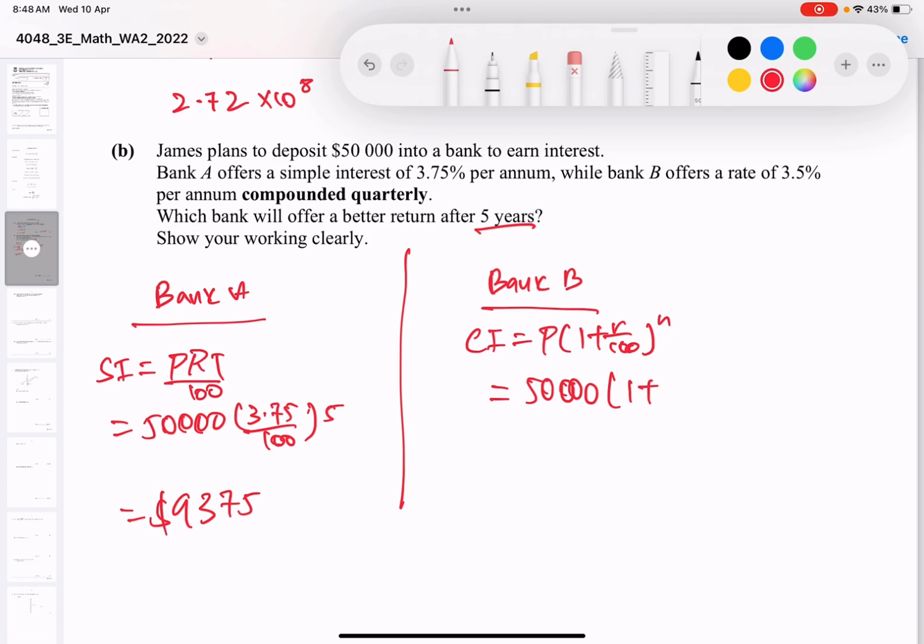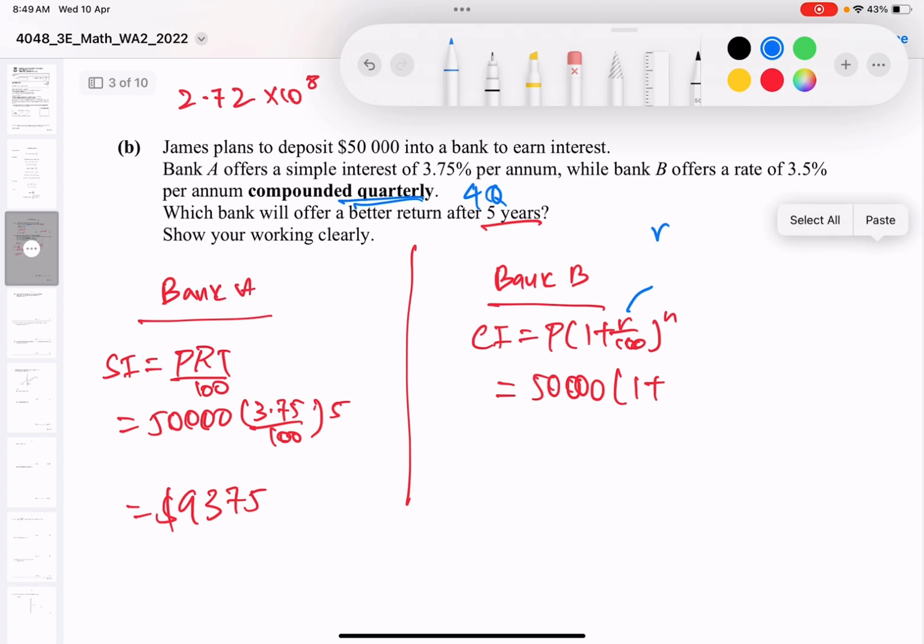So Bank B, my compound interest, my principal is 50,000, 1 plus. This one, you need to be very careful because this R is not the interest rate per year. The question says that it is compounded quarterly. The R is the interest rate per compounded period. Okay, so compounded quarterly means what? 1 year, how many quarters does it have? 1 year, we have 4 quarters. Okay, we have 4 quarters in a year.